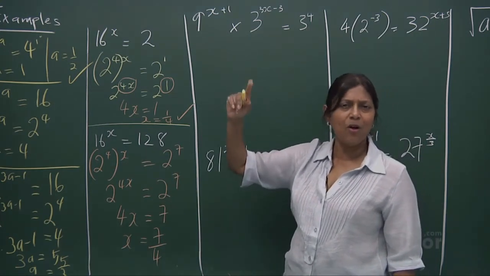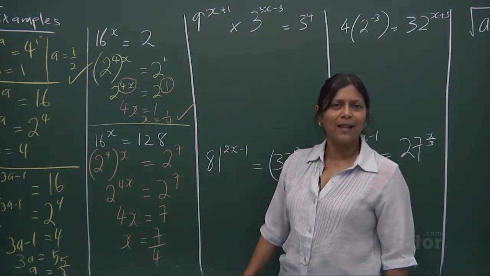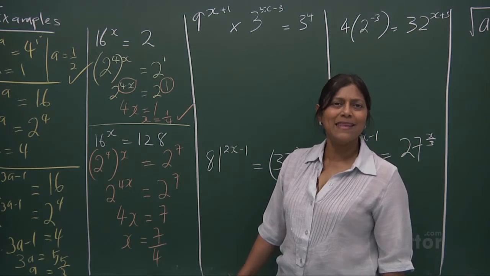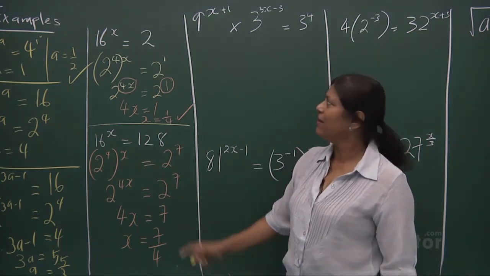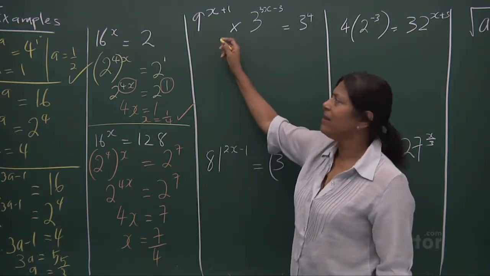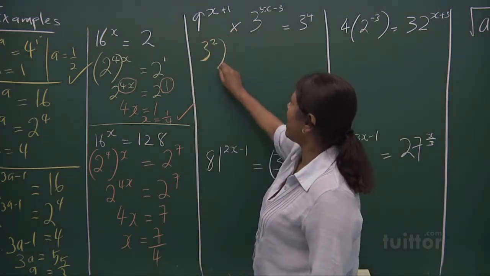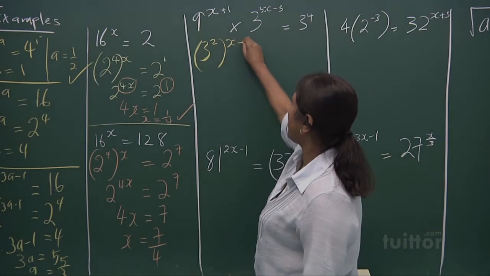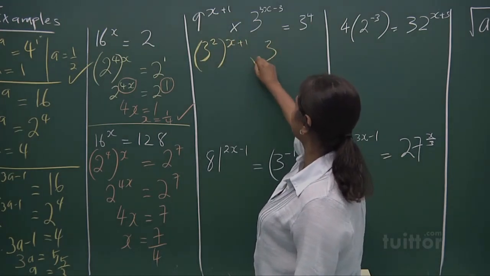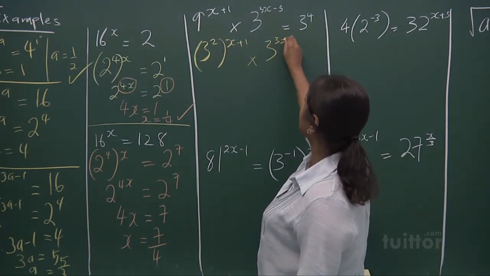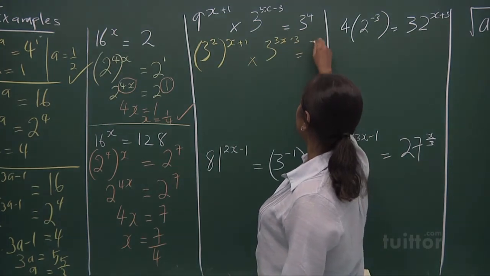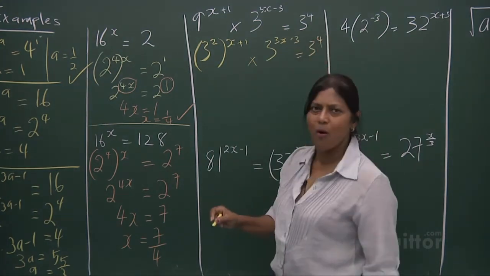They all have a common relative. That common relative, the number, is 3. You can break this 9 to 3 to the power of 2. And then you've got an x plus 1 there. And here you've got times 3 to the power of 3x minus 3. And you have 3 to the power of 4.